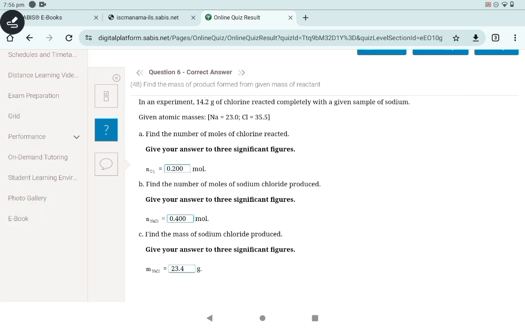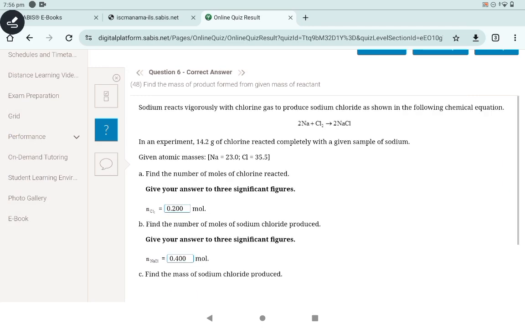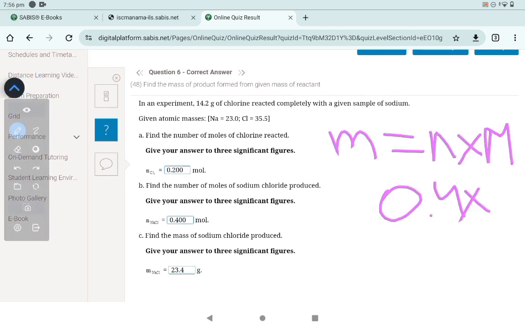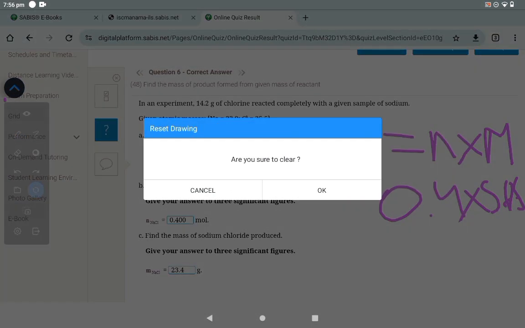The molar mass is 35.5 and 23 combined because it's NaCl, so that's going to be 58.5. 0.4 times 58.5, you get 23.4. That's the mass of sodium chloride.